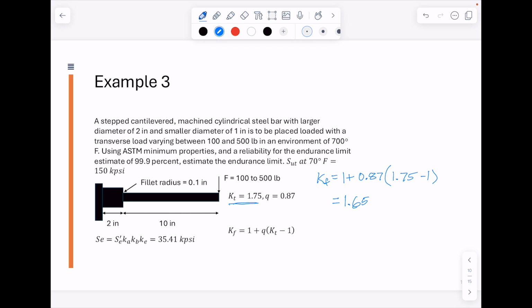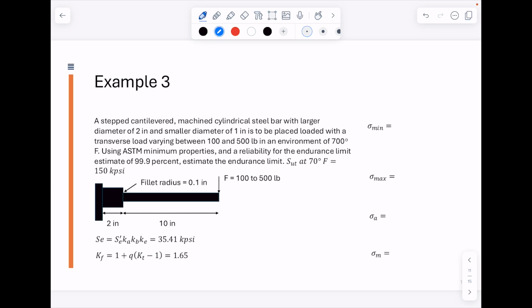We need to find what our stresses are. So first we'll look at our minimum stress. So this stress is due to bending.